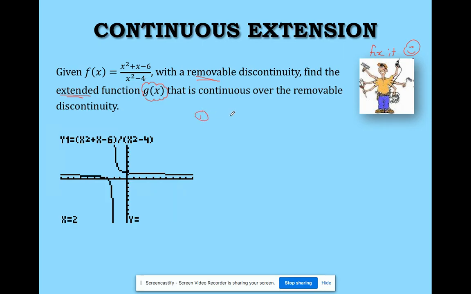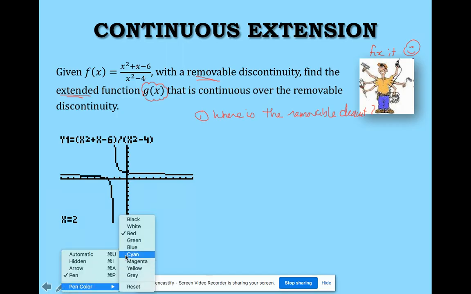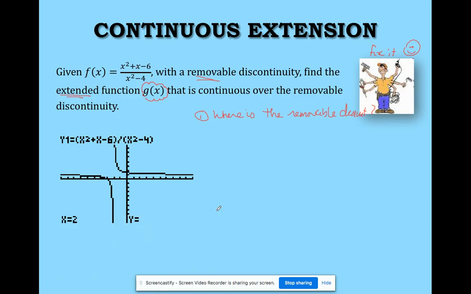So step 1, where is the removable discontinuity? And this is where prerequisite knowledge comes in. You have to be able to quickly take that function, factor it, and see where it has a hole. Now I've given you the graph. You can see that there is a hole at x equals 2.